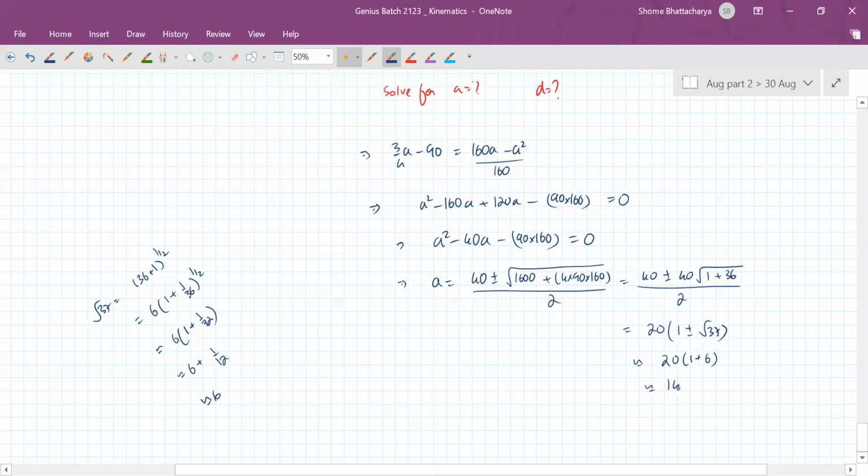So it's nearly 140. You can do a more exact calculation in decimals, but even if you want to do a more exact calculation in decimal, just use the binomial approximation method.